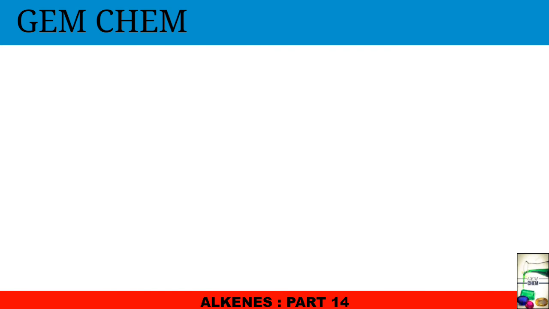Now if we take a compound with 4 different groups attached, okay, if suppose 4 different groups are attached in that compound, that is R1, R2 and here R3 and here R4.